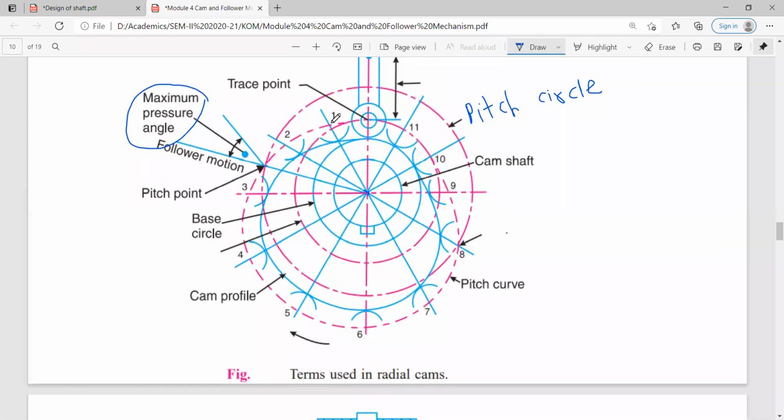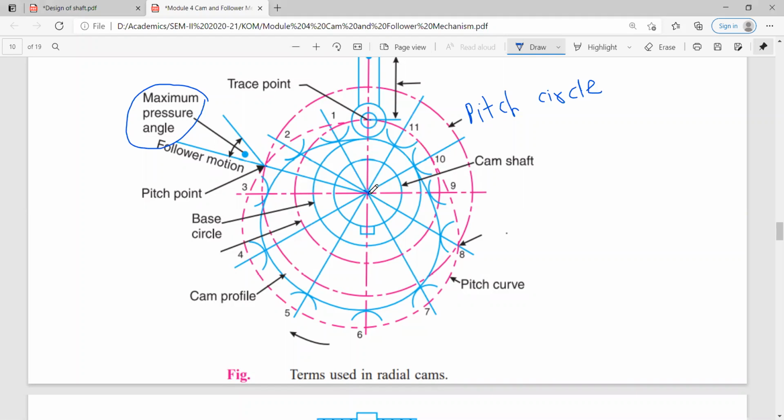Now you have to see which point on the pitch curve is closest to the center of the cam. So suppose the point here is closest to the center of cam.